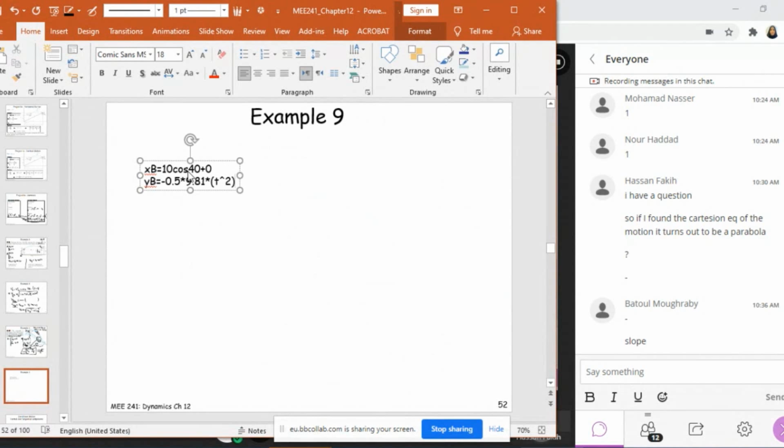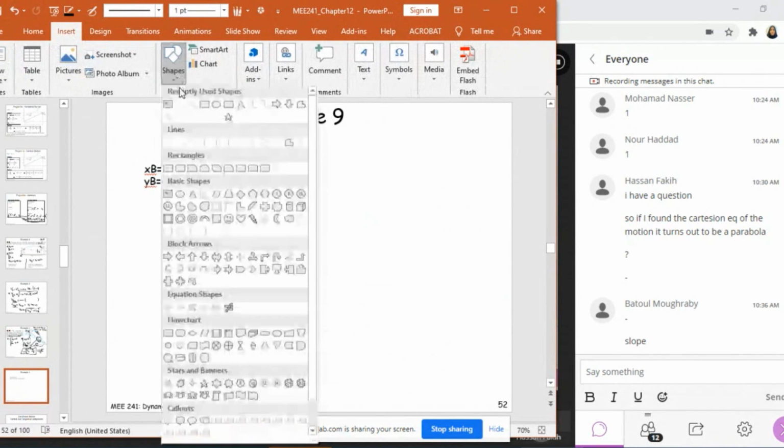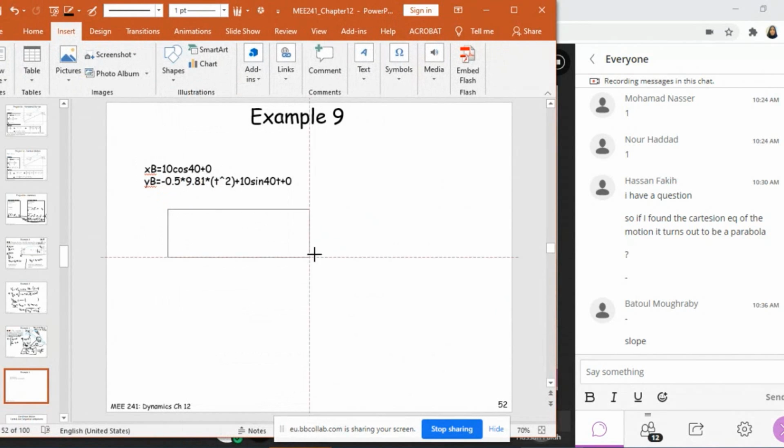Now what is t squared? It's unknown. I should find it. Plus V0y, which is 10 sine 40 t, right? Plus y0. What is y0? It's also 0.